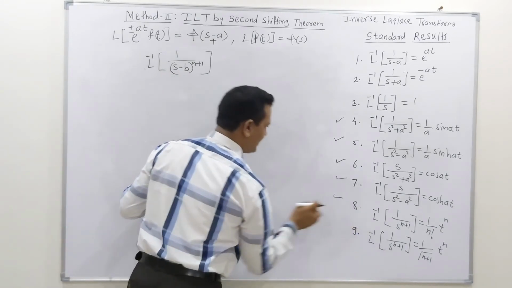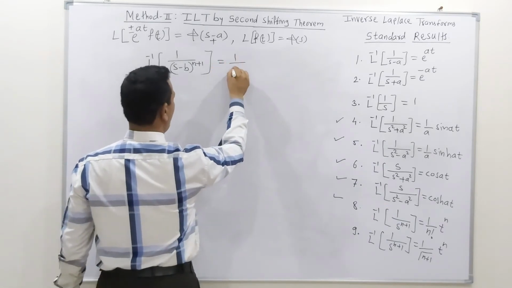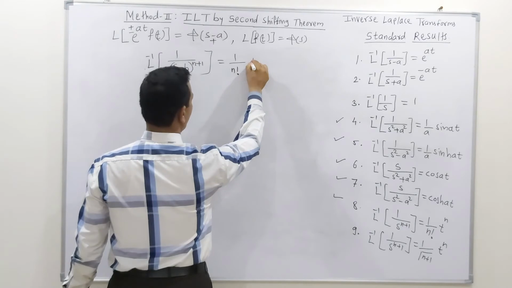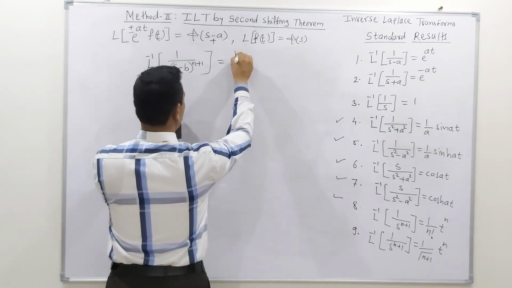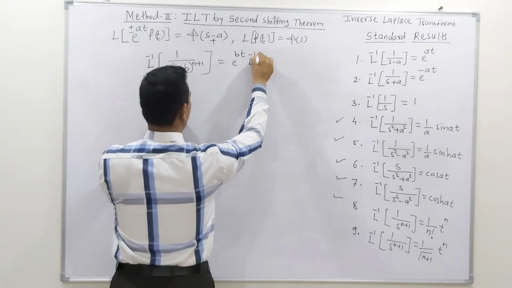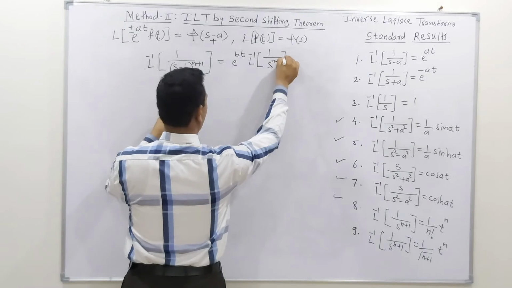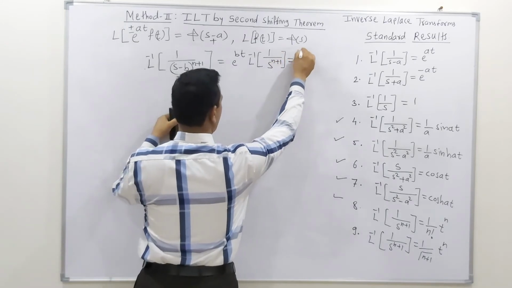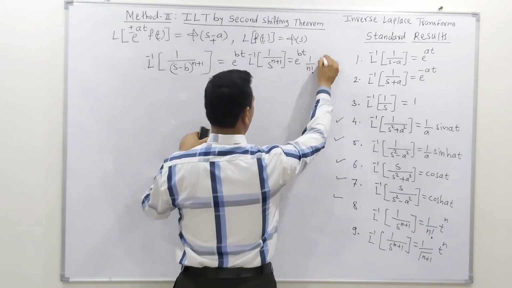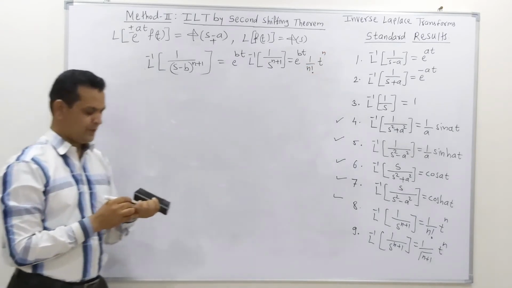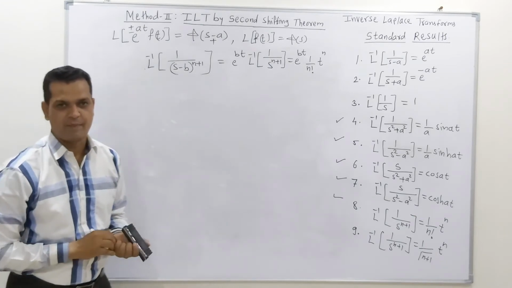To understand this concept, we can write this as e raised to bt into the inverse Laplace transformation of 1 upon s raised to n plus 1, which is e raised to bt into 1 upon n factorial t raised to n. So simple. So the constant b is subtracted from the parameter s.